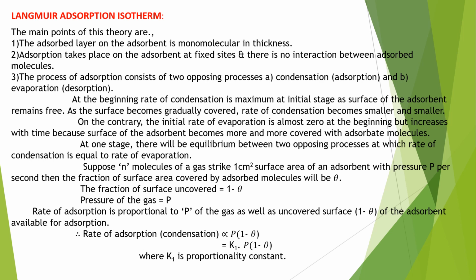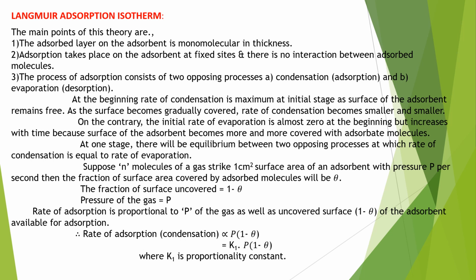First one, the adsorbed layer on the adsorbent is unimolecular in thickness. We have already seen in the previous video that in Langmuir adsorption, the forces existing between the adsorbate and the adsorbent are strong chemical forces.